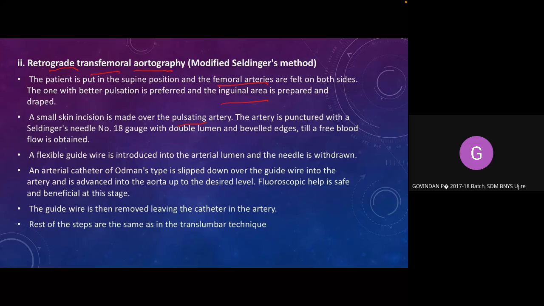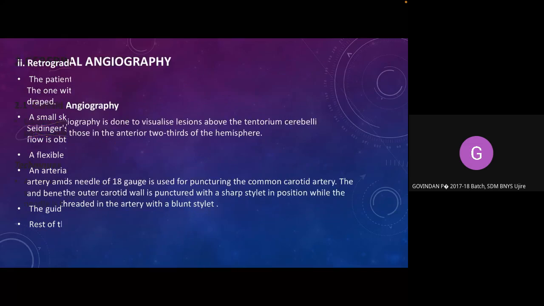We saw that it is called a Seldinger needle, and the number is not important. As we told you, we pass a guide wire, remove the needle, and then go into the abdominal artery, that is the aorta, which you want to see. With the help of fluoroscopy, we visualize this and take pictures of it to get the outcomes that we want to look for.